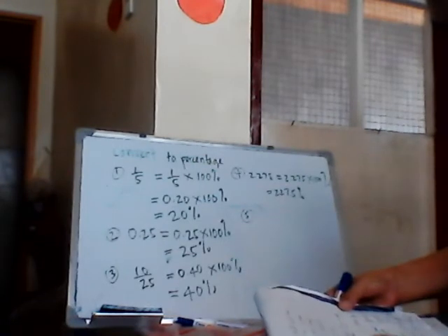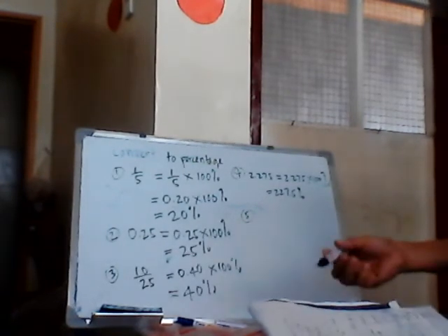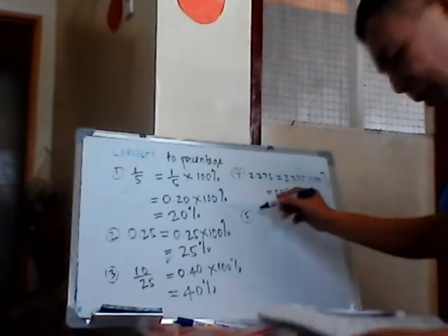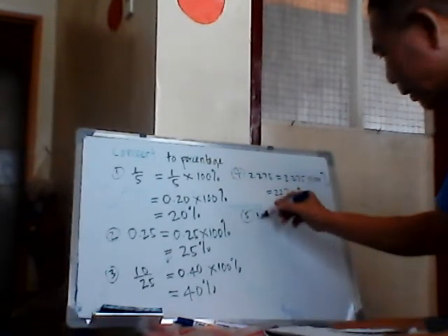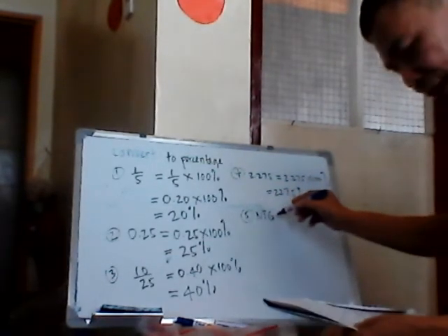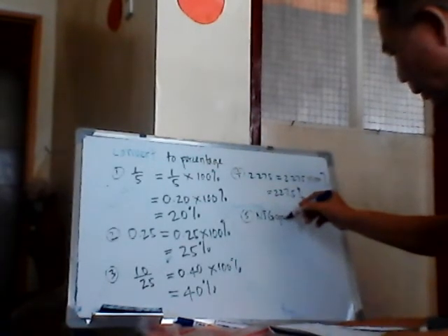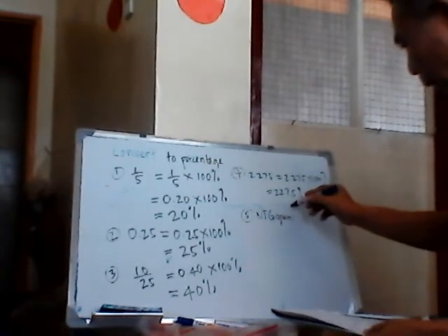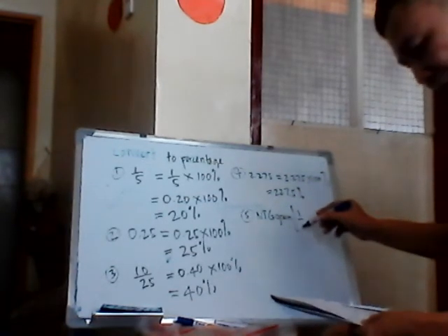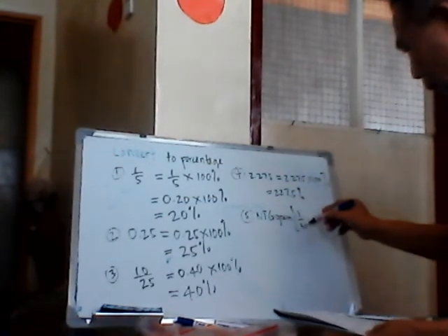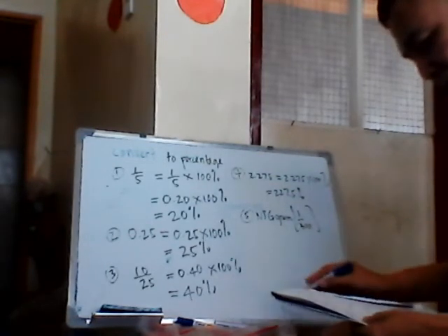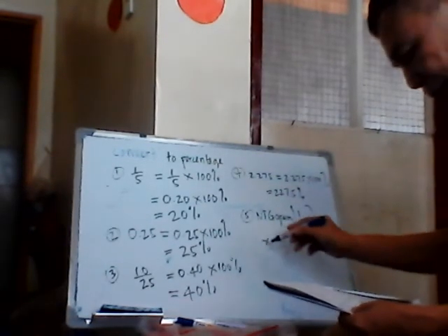So number 5. Kining number 5, ang i-compute nimo kay given naman. Integer grain times 1/300. I-convert na nimo to milligram.